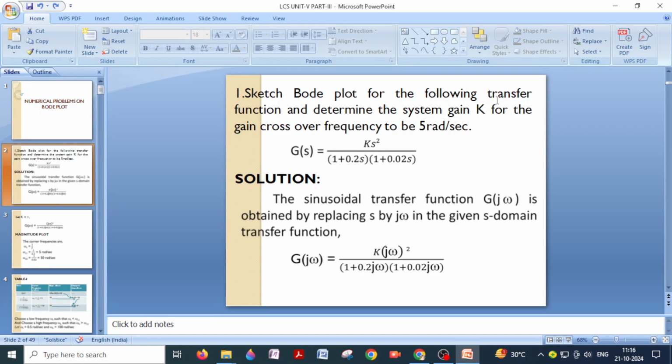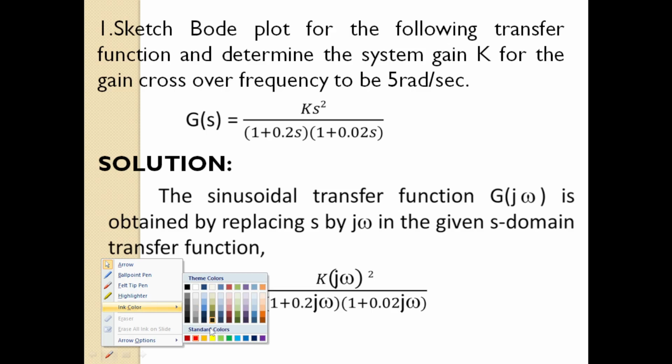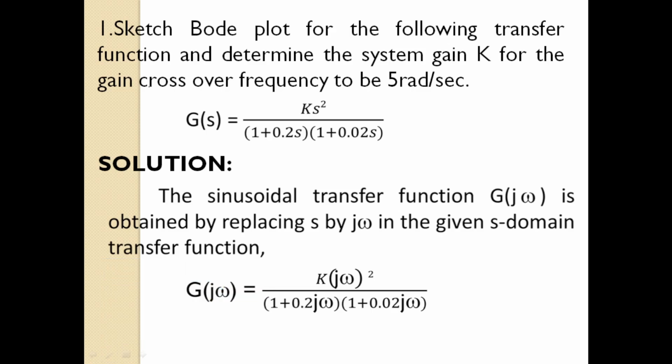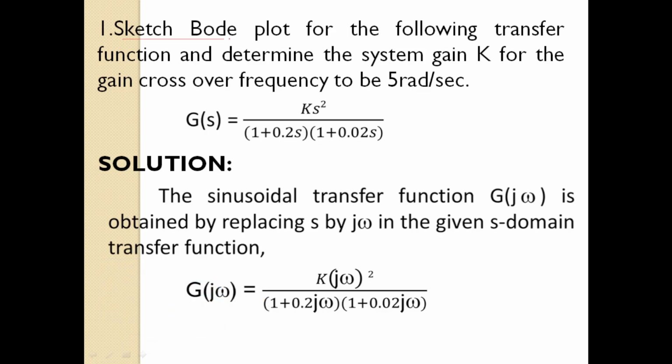Sketch Bode plot for the following transfer function and determine the system gain k for the gain crossover frequency to be 5 radians per second.